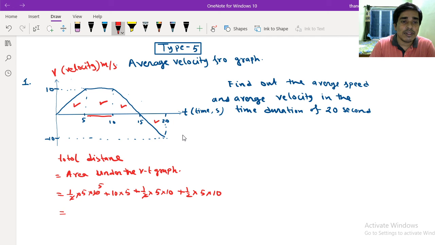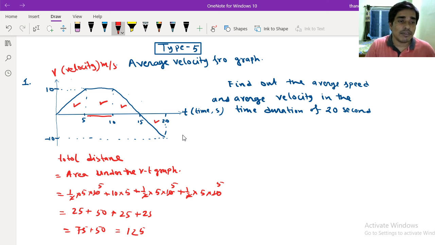That means 25, here is 50, here is 25, here is 25. That means 75 plus 50, that means 125. So total distance is 125.